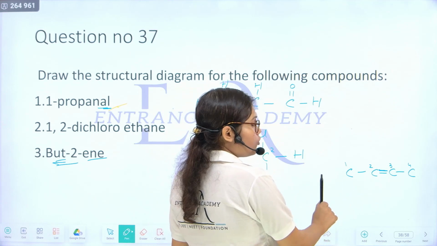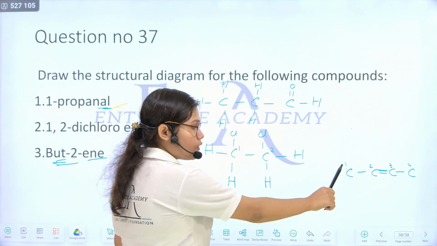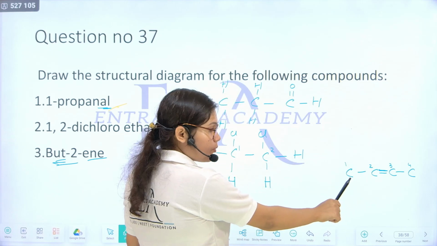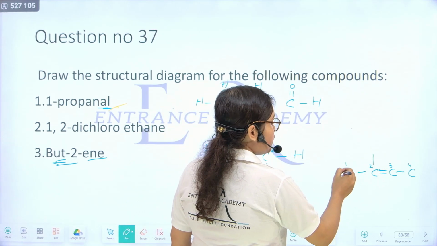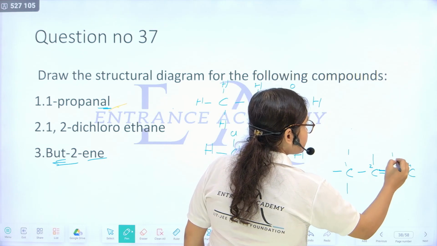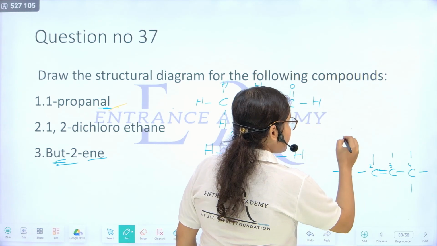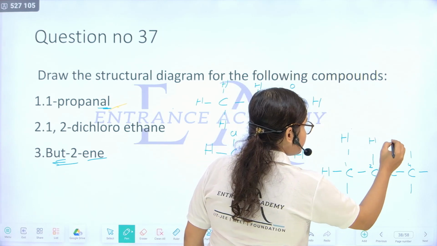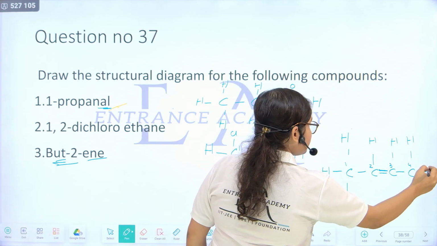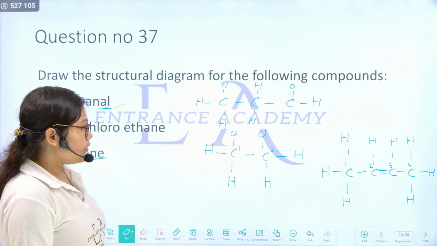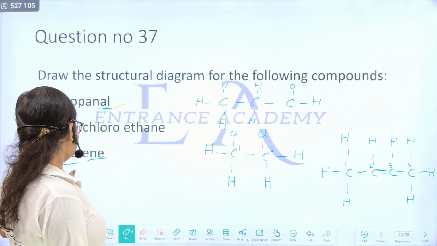So, root word but, number of carbons 4, then at the second place a double bond, and the rest are hydrogen. This is the structure of but-2-ene. I think the answer is clear to you all.